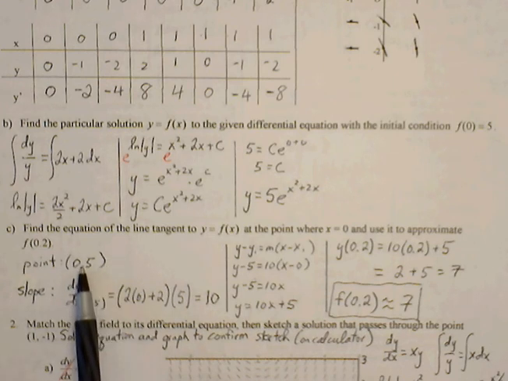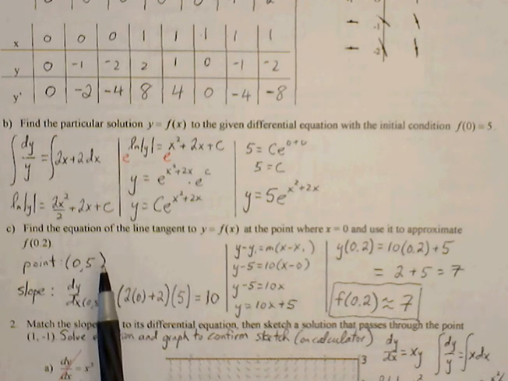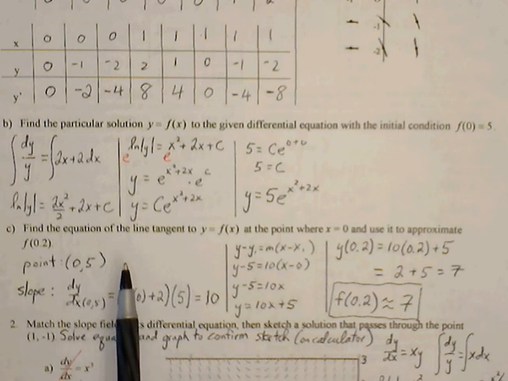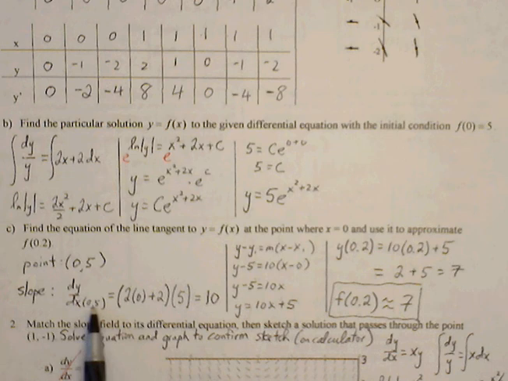The way we find the slope is we need to be able to plug into the derivative. What we do have is we were given the differential equation, right? That's what's given to us: dy over dx equals 2x plus 2 times y. So we simply plug 0 and 5 into our derivative.